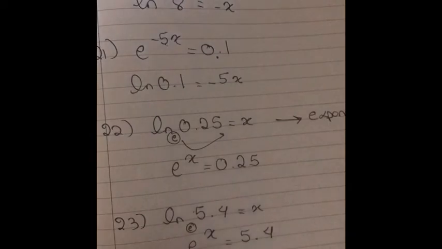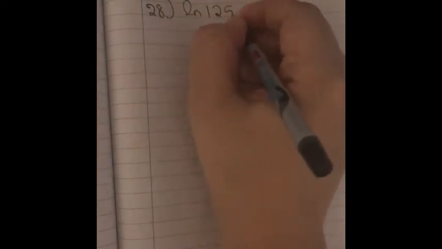Write as a single logarithm. All the properties that we said about product, quotient and the power rule can be applied. So question 28, this is ln 125 minus 2 ln 5, and they want me to write it as a single logarithm.